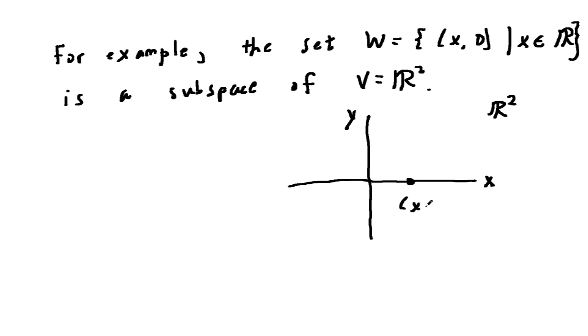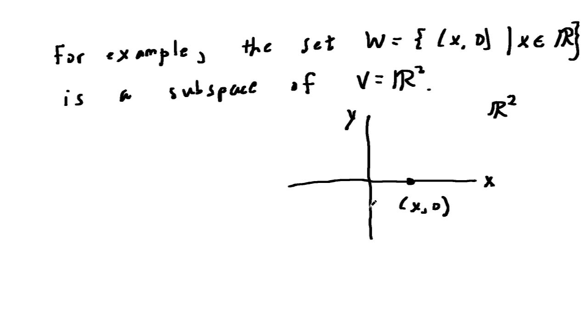Okay, so (x, 0), the y-coordinate is 0, so it's just going to be all those points along this x-axis. So the claim is that that line, the x-axis, is a subspace of the bigger space R2.